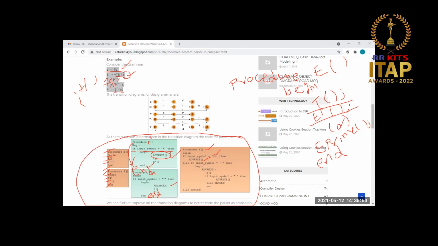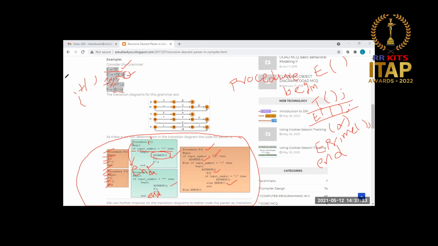Here we have only one non-terminal, that is E function, and we also need to close this. If input symbol equal to closing bracket, then advance function. Suppose apart from these input symbols we get any extra terminal symbols, then we simply report an error. So this is how we need to write the recursive procedures for the given grammar.